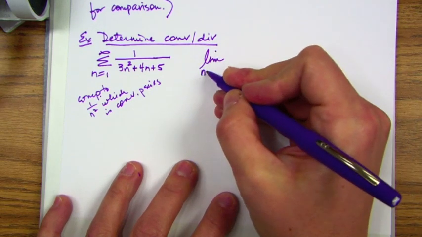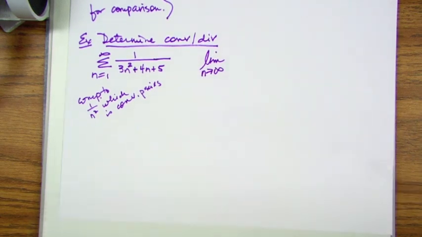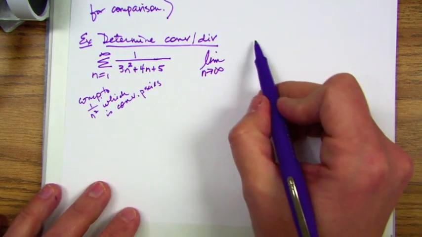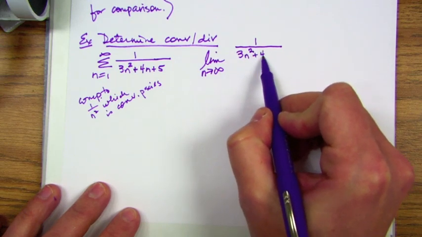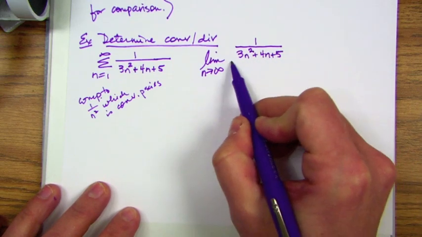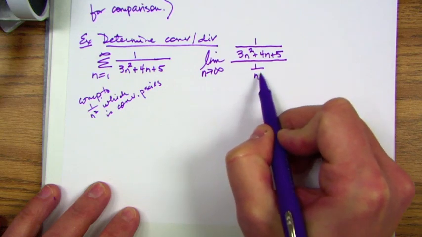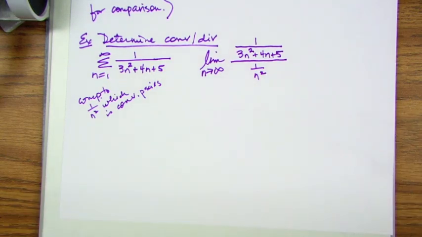So I'm going to set up a limit as n goes to infinity. I'm going to write down the term generator, and I'm going to divide it by what I'm comparing it to.